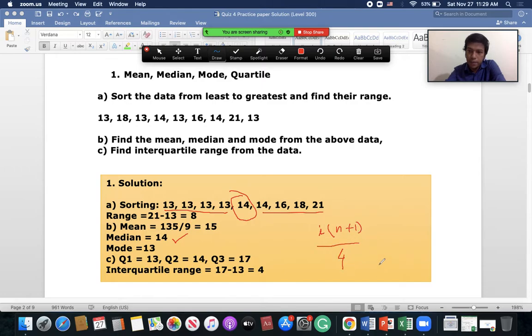For example, if we want to find quartile 3, then i equals 3. n equals the total count, and we have 9 numbers here. Then plus 1 is 10, times 3 is 30, divided by 4 means 7.5.